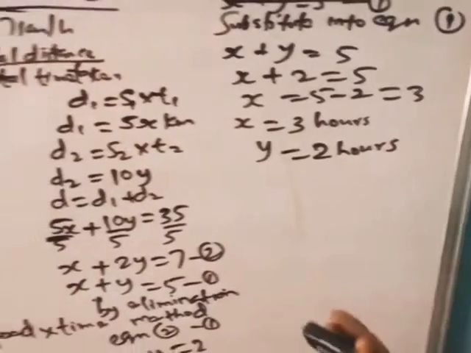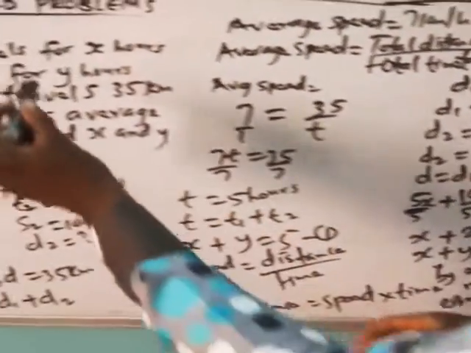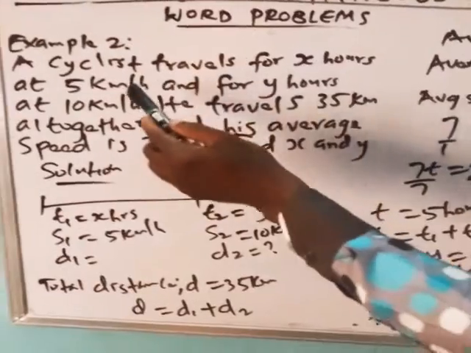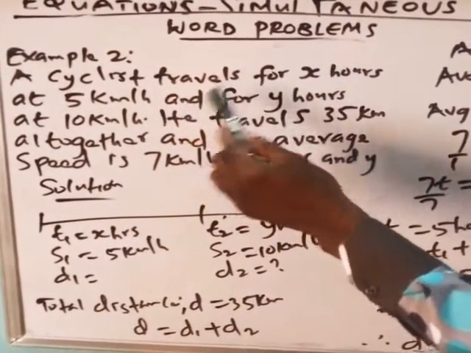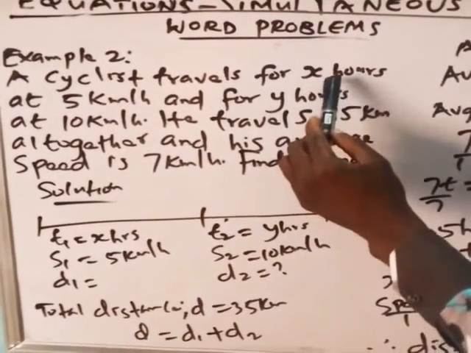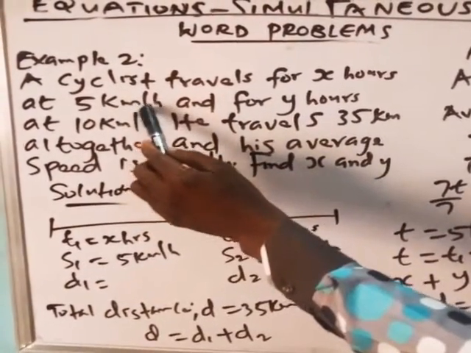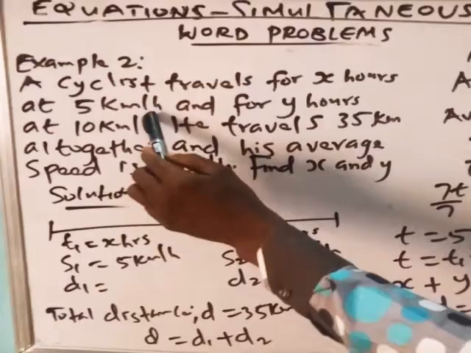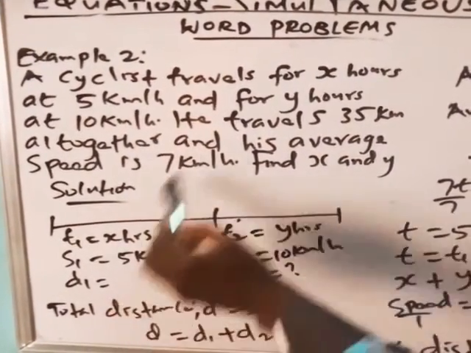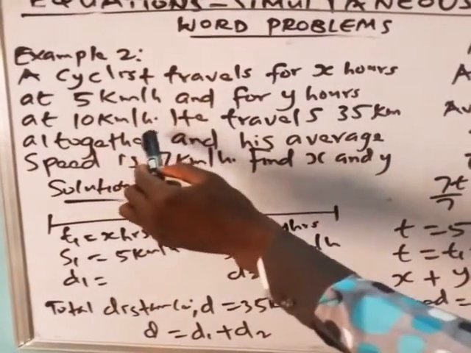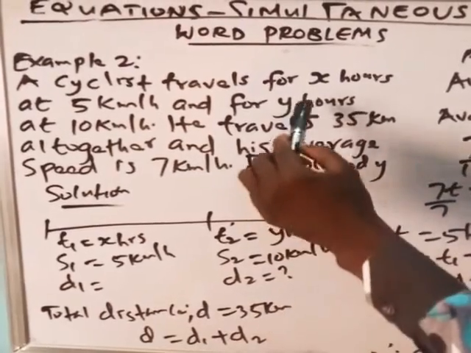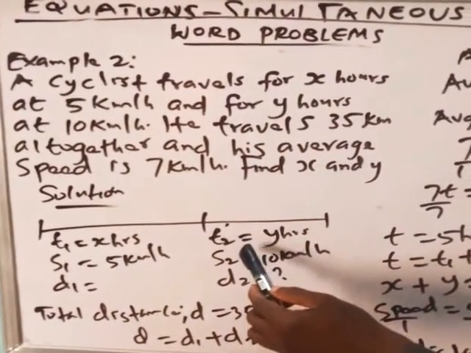Now let's go over it again for better understanding. A cyclist travels for x hours at 5 km per hour. Now the first part of the journey, the time is x hours, so I call it t1. And this is speed, km per hour. Speed is distance over time. So that's s1. And for y hours at 10 km per hour, the second part of the journey, the time is y, a different time, I call it t2.